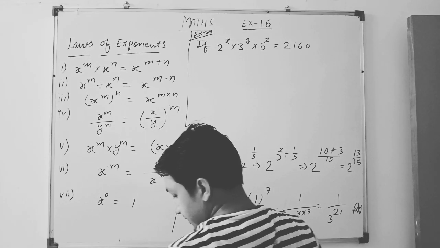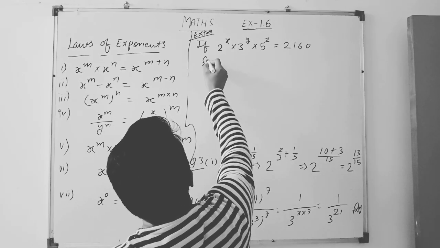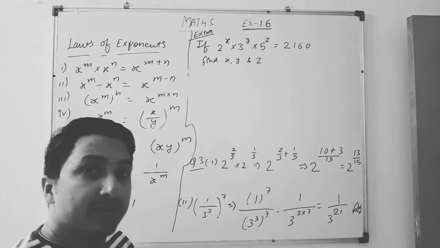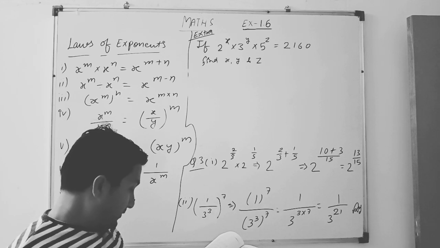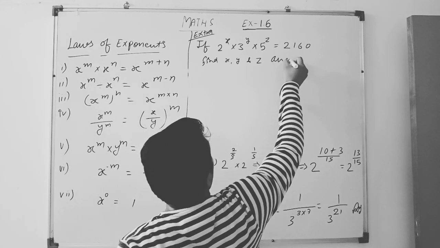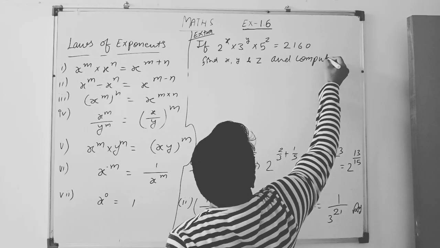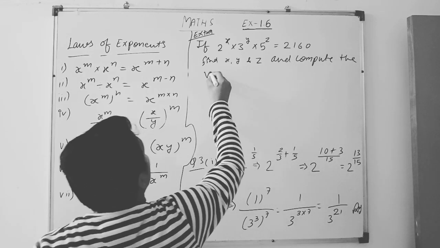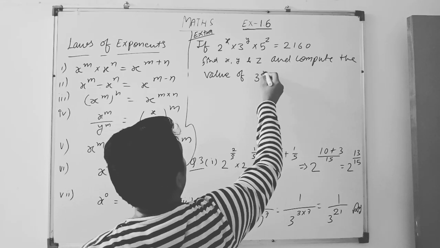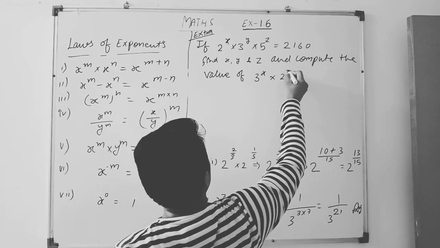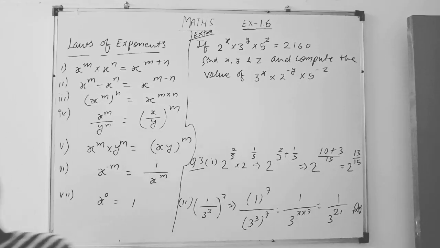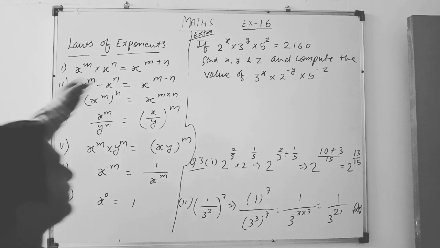Find x, y and z, and compute the value of 3 to the power x into 2 to the power minus y into 5 to the power minus z. Okay, so this is the one extra question from R.D. Sharma.